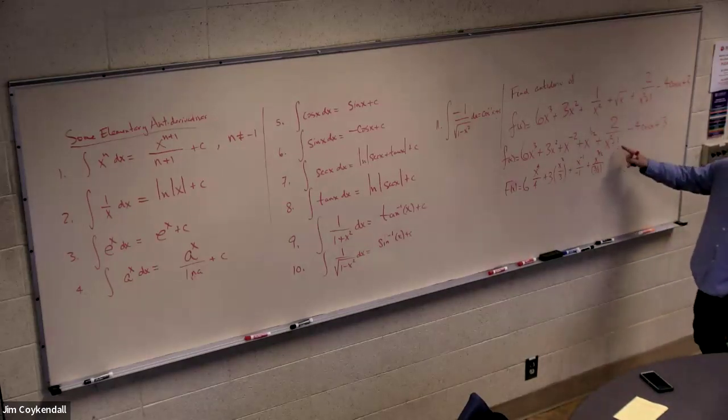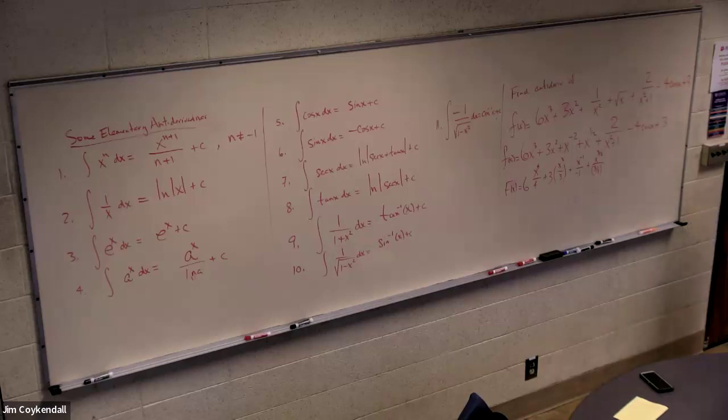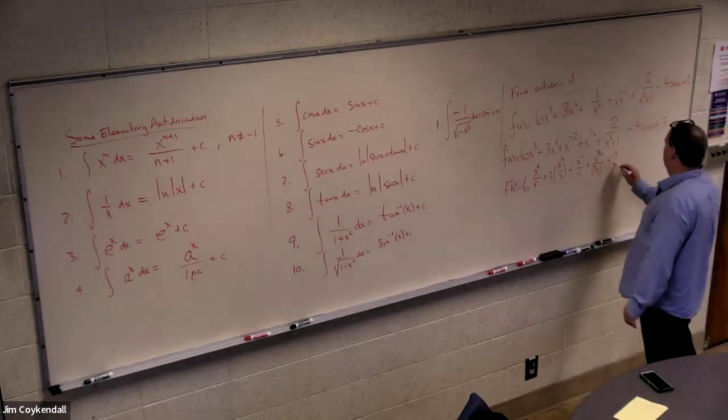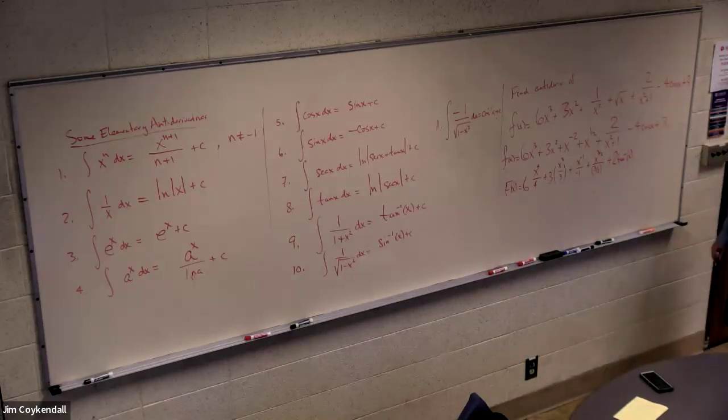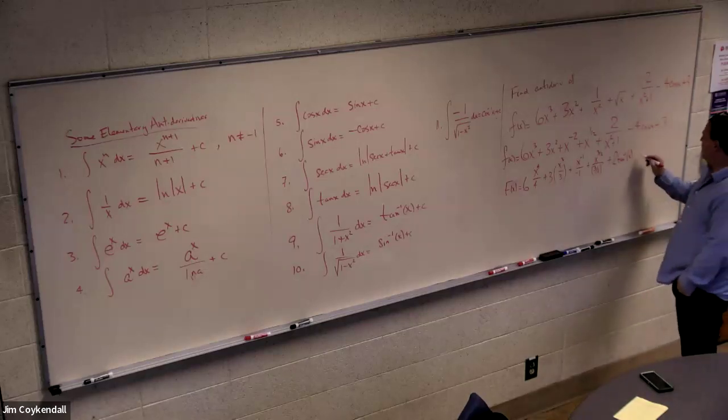What about this piece right here? What about the 2 over x squared plus 1? There you go. How about this? But antiderivative of cosine is sine, right, so this is minus 4.